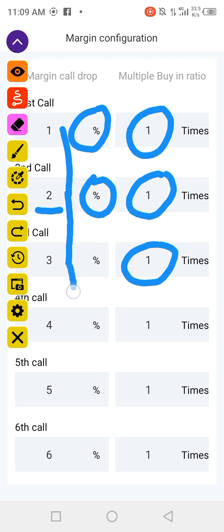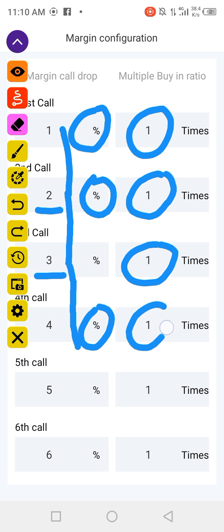Eventually, if it drops again from this level, 4%, okay? Making a total of how many percent now? 1 plus 2, 3 plus 3, 6 plus 4, 10. Making a total of 10% drop. Buy again one times for me. If it drops again from here, another 5%, making a total of 15% now.